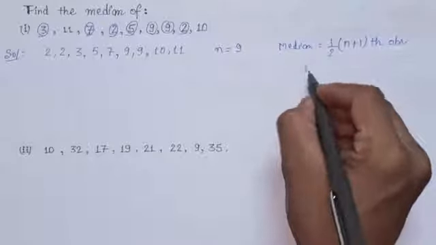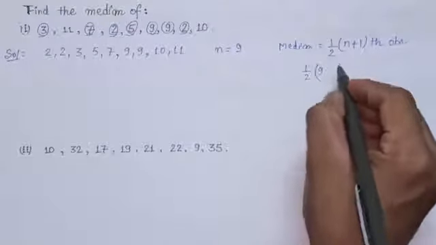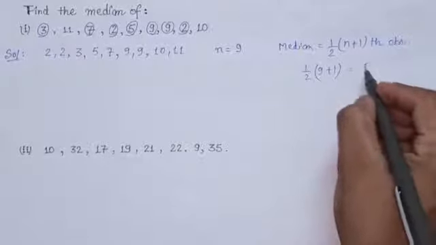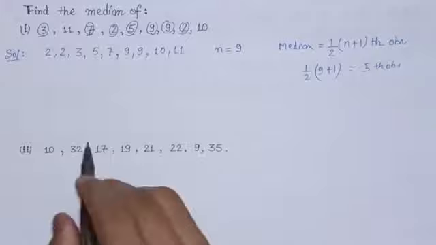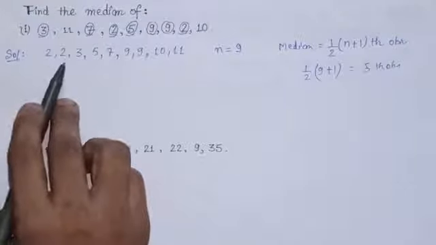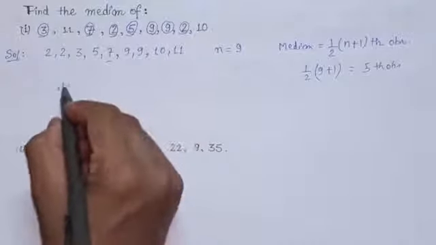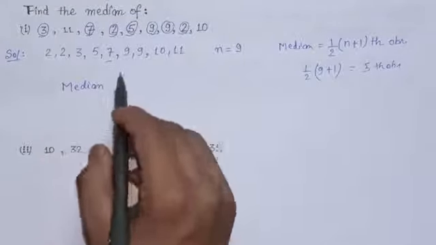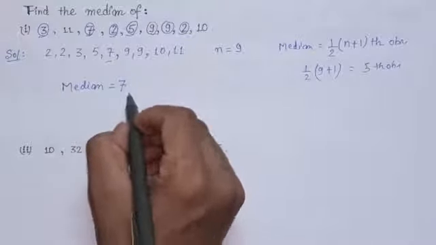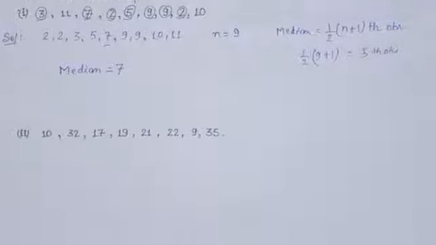In place of n, 9 plus 1 is 10 by 2, that is the 5th observation. So the value of the 5th observation is our median. Counting 1, 2, 3, 4, 5, this is the 5th observation. So the median is equal to 7. Okay, now let us see the second example.